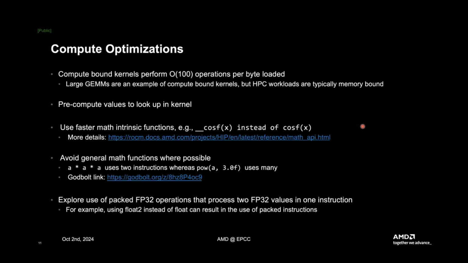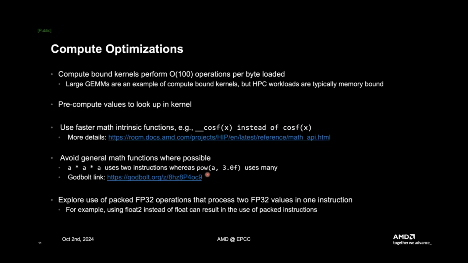In very few cases is that true. In some cases, using faster math intrinsic instructions can be beneficial because they take fewer instructions to implement an approximation, which may be perfectly fine for your use case. And a list of all those is given in this link in the ROCm documentation.